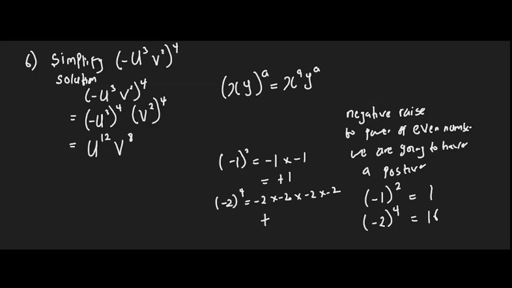This will become plus. 2 times 2 is 4, 4 times 2 is 8, 8 times 2 is 16. So we have shown that whenever we have a negative raised to the power of an even number, it gives a positive. That's why here we don't have the negative sign, we only have u^12. So if a negative is raised to the power of an odd number, the result is still going to be what? A negative.